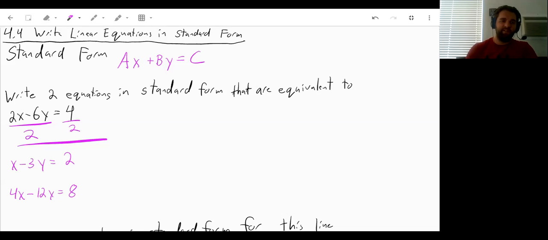So 2 times 3 is 6, divided by 2 would give us 3. So you could have a 3x minus 6 times 3 is 18, divided by 2 is 9, so 9y, and 4 times 3 is 12, divided by 2 is 6. So I've now got 3 different options of what we could have done for an equivalent equation. That's okay. That's one of the only nice things about standard form.